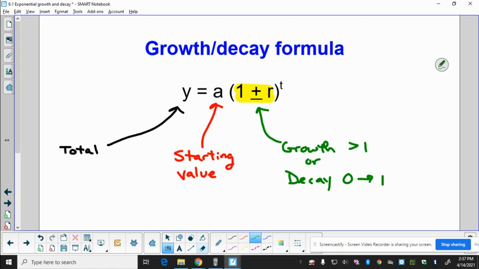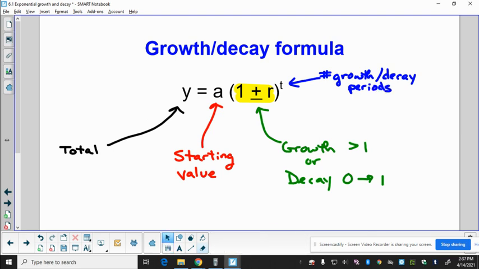And then the last part is T is your number of growth or decay periods. How many times does this event grow or decay?